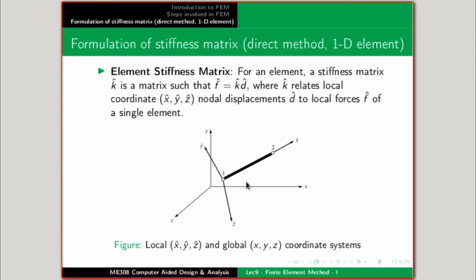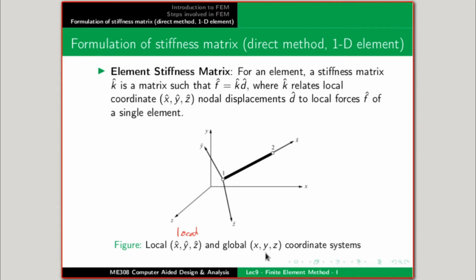Let x cap, y cap, z cap represent the local coordinate system. Here we have x cap along the direction of the axis of the element, then perpendicular to x cap we have y cap and z cap. Local coordinate systems are coordinate systems attached with an element.